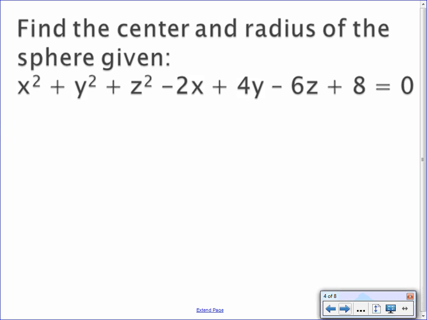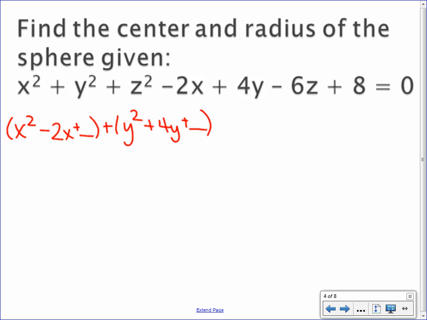Okay, so I'm going to group my x's together and our y's together and our z's together. And what should we do with that 8? Alright, so what completes the square here?